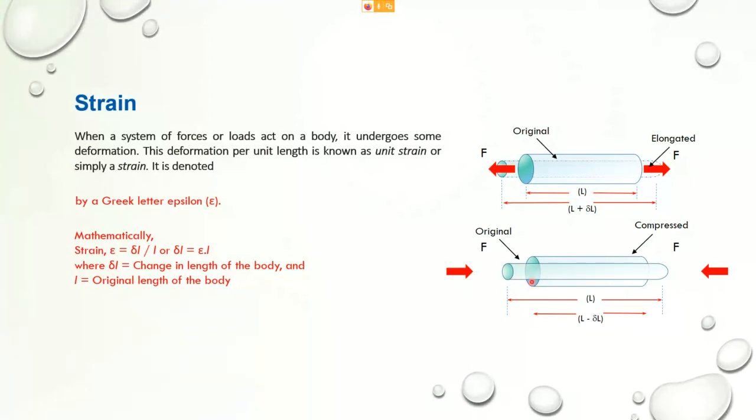That also gives you the deformation, the change in length. These changes in length over the original length give you what we call strain. So this will be the original length, and this will be the final length here, because you minus, since it has undergone shortening. Okay, that is strain.